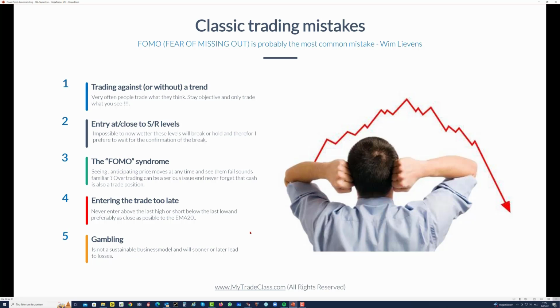Then, of course, number 3, we talked about it, the fear of missing out syndrome, the overtrading problem that many traders have. Entering the trade too late, very often due to the wrong use of indicators, using indicators the wrong way and therefore being a step too late.